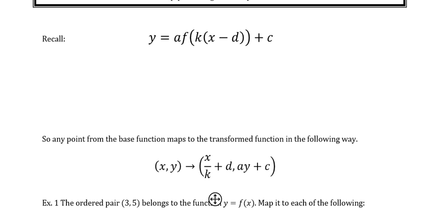So here we go. We've talked a little bit about this, but we're going to do it formally now. What are all of these things?